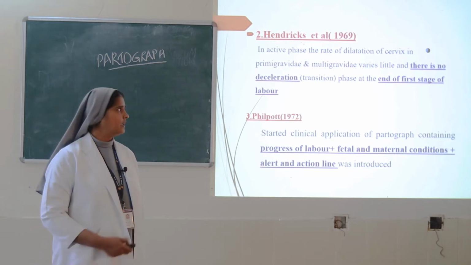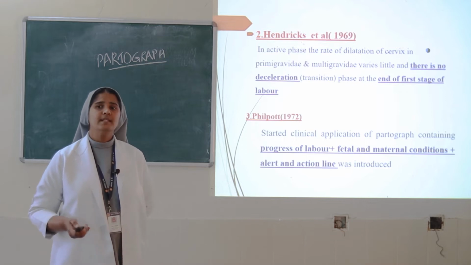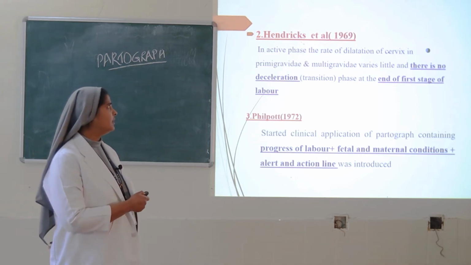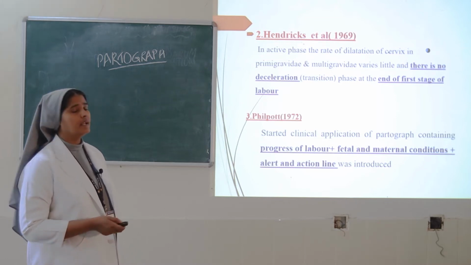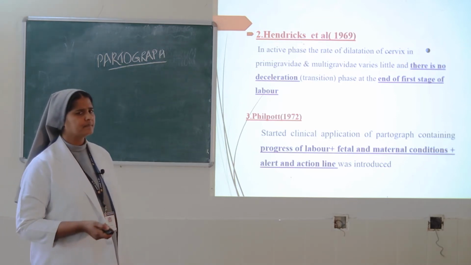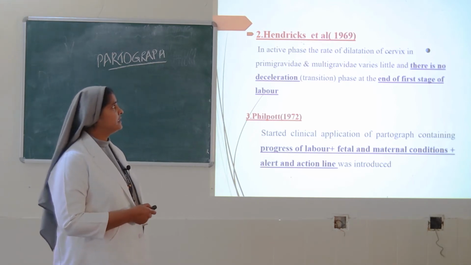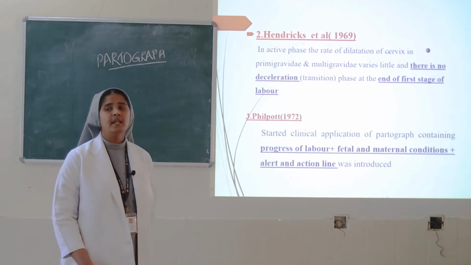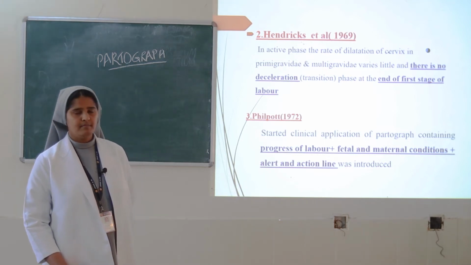In the previous one we have seen, Friedman said there is a deceleration phase at the end of the first stage of labor, but Hendricks et al. explained there is no deceleration phase at the end of the first stage of labor, and also some difference in the pattern of cervical dilatation among primigravida mothers and multigravida mothers.